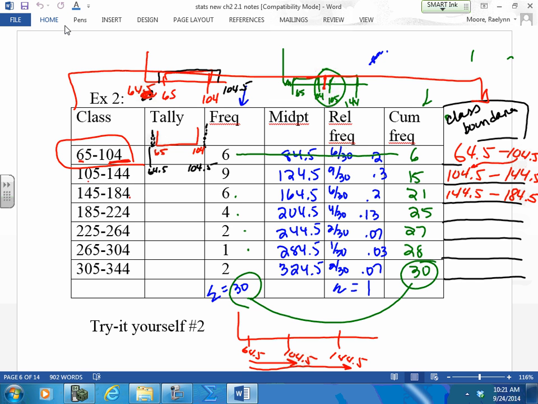Then 70.5, 79.5. 79.5 to 88.5. Okay? Everybody get the intervals? TJ, did you write your intervals down? Good. Any questions on your intervals?